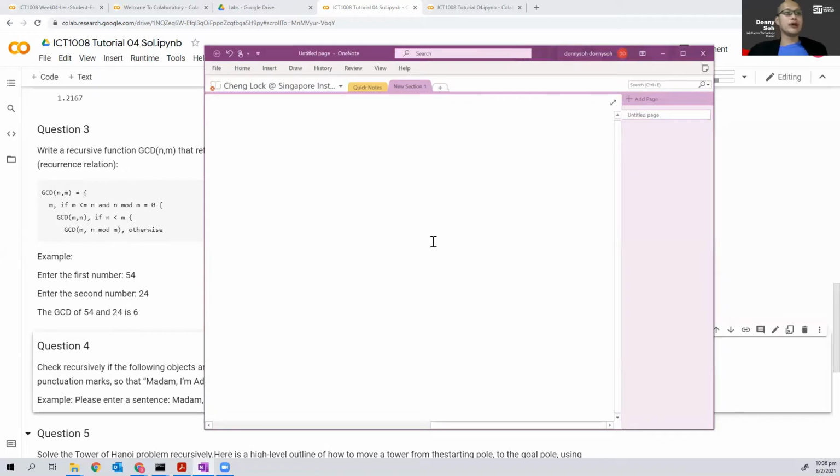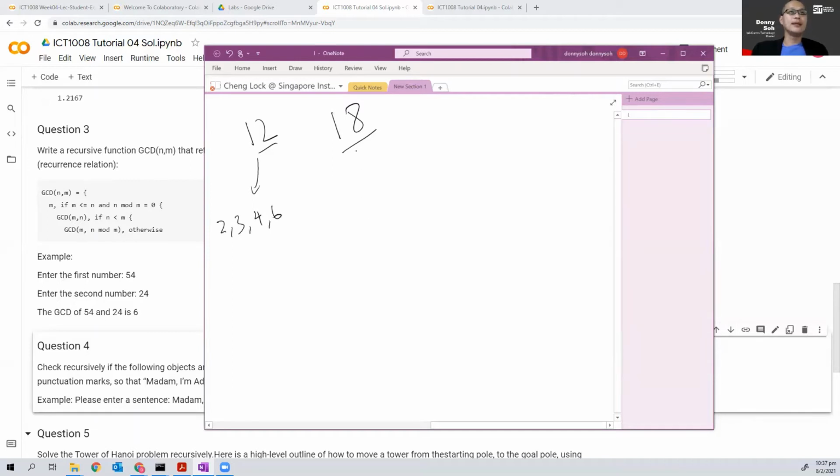Let's say we have two numbers, 12 and 18. What are the divisors of 12? They would be 2, 3, 4, and 6.